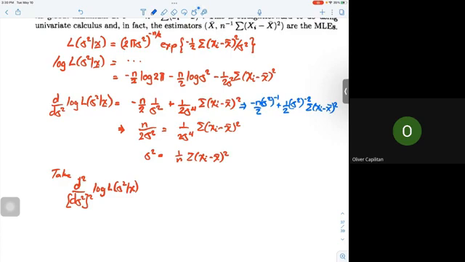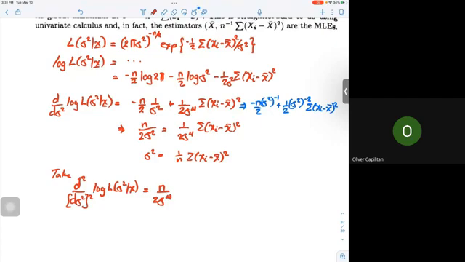So in this case, in the first term, negative of negative 1 times negative n, so we have positive n over 2 sigma to the 4.